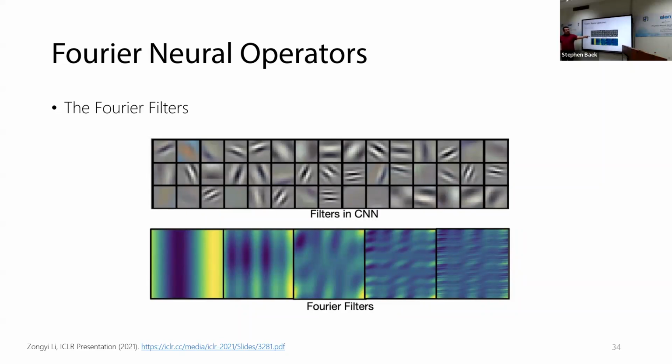In the case of a CNN, we define the convolution kernels as like a 3x3 or 5x5 kernel, and then we scan that kernel over an image, versus the Fourier kernel defined over the entire image domain. So Fourier filters are better at capturing global trends inside of the image.